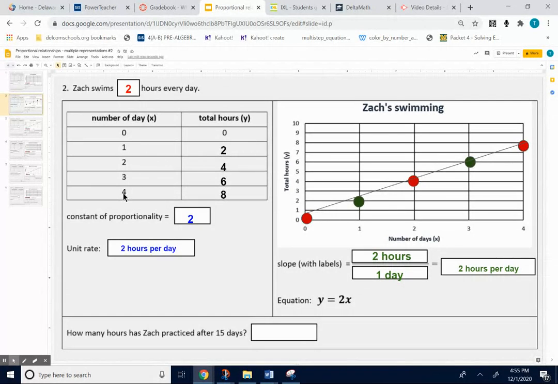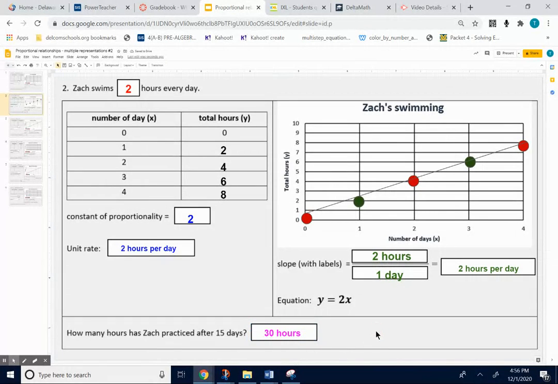The number of days times 2 always gives you the number of hours Zach swam. So for 15 days, we would take 15 times 2, which would be 30. So if he swims 2 hours every day, he would have swum 30 hours after 15 days.